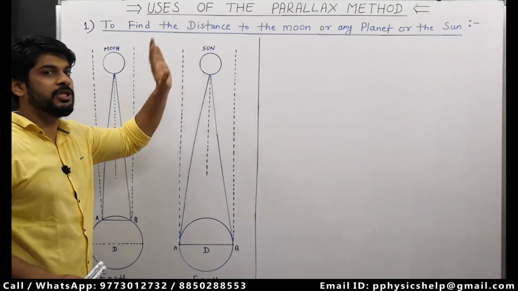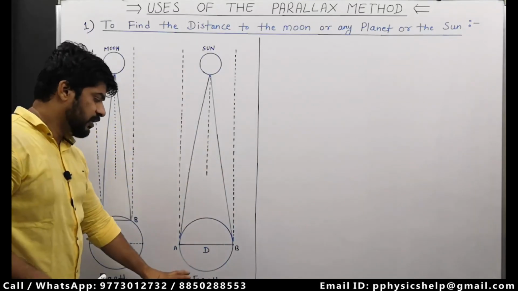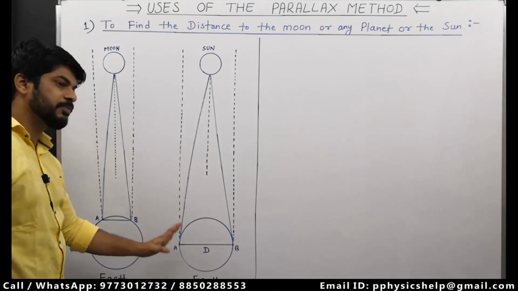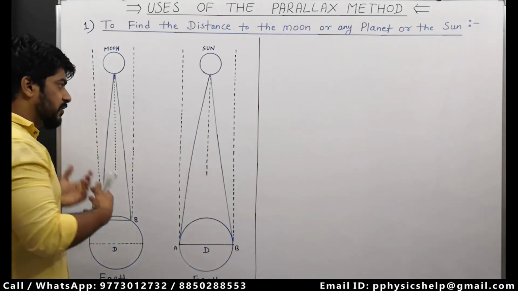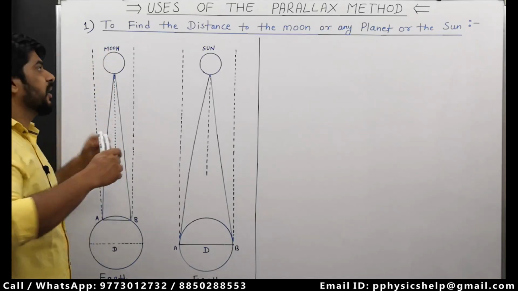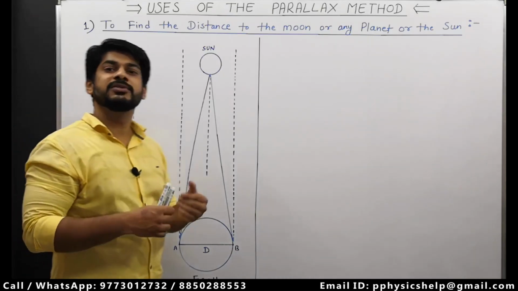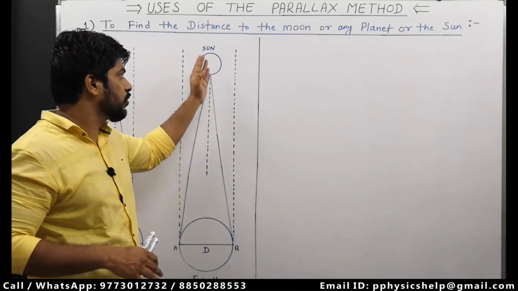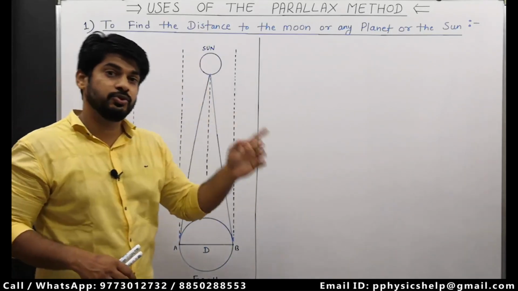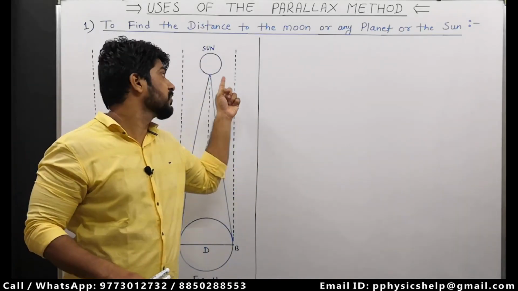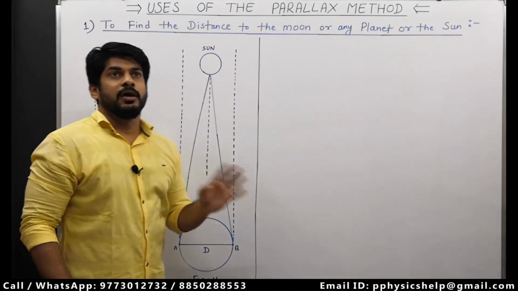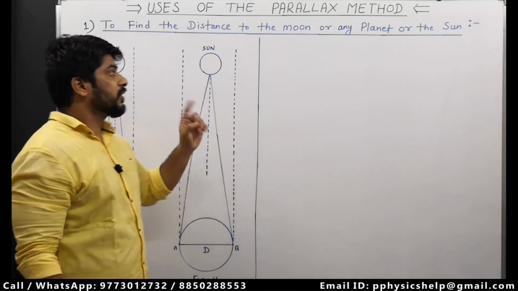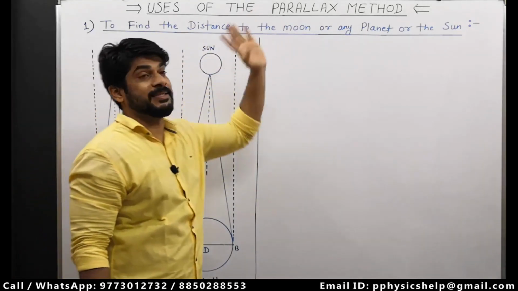Earth I have shown a little bit bigger from our perspective, because from our side earth is big as we see it, and the moon and sun appear smaller to us, so that's why I have drawn them smaller. But actually we know the sun is very big and the moon is smaller than earth. That is not our concern. Our concern is how to find out the distance.